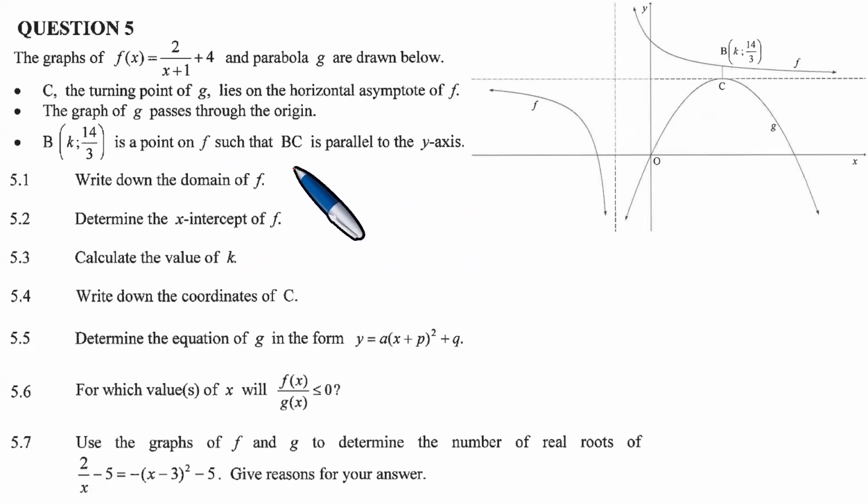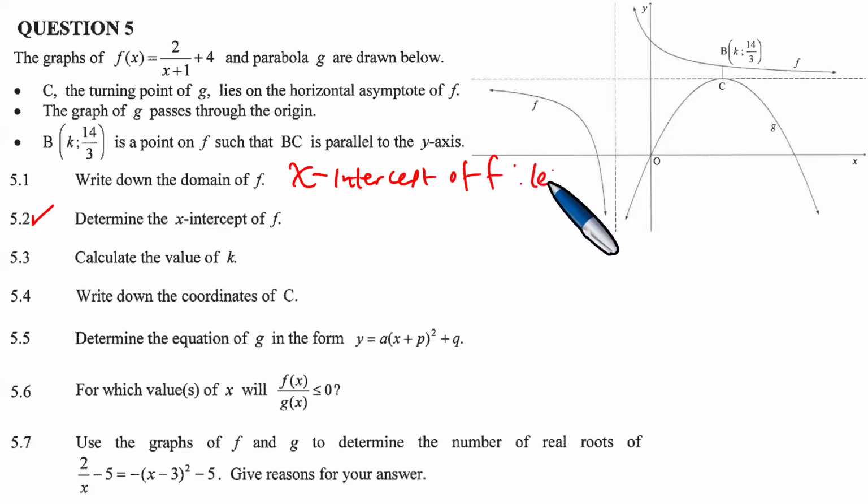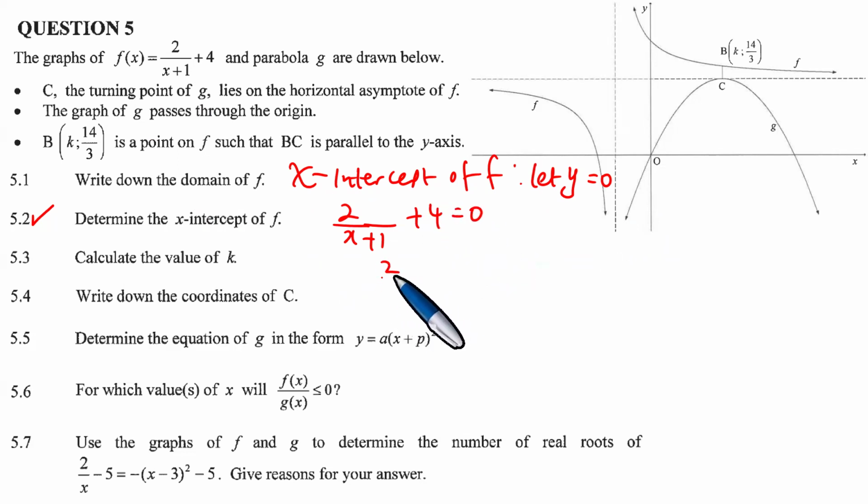So now to find the x-intercept, we're doing 5.2 right now, and we want to find the x-intercept of f. What we do is we let y be equal to 0. And when y is 0 in the function f, you will then have 2/(x+1) + 4 = 0, which is 2/(x+1) = -4.